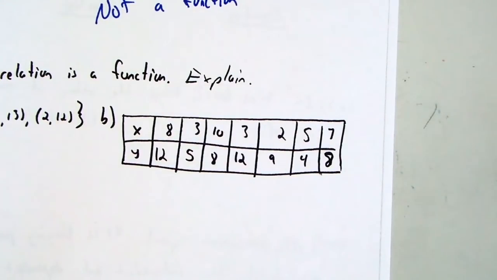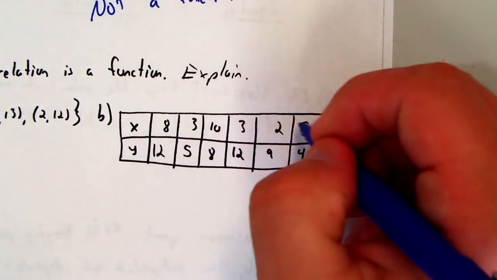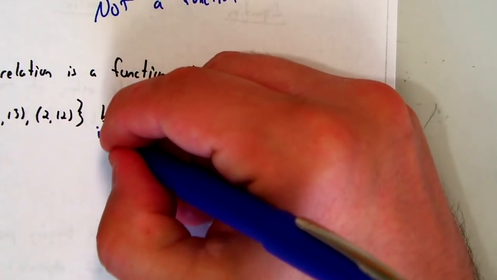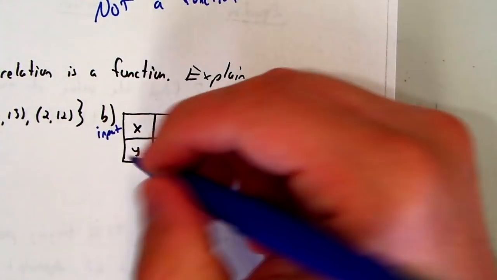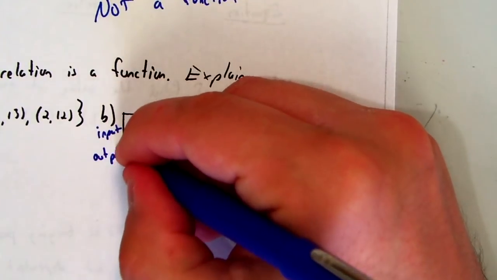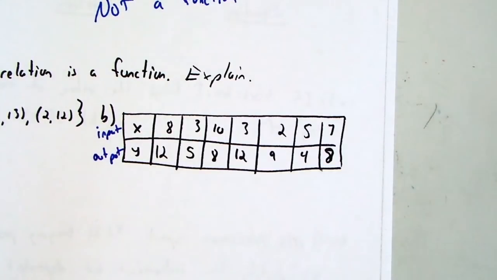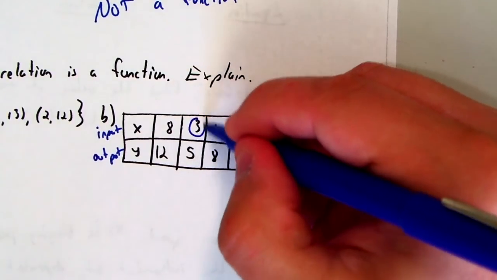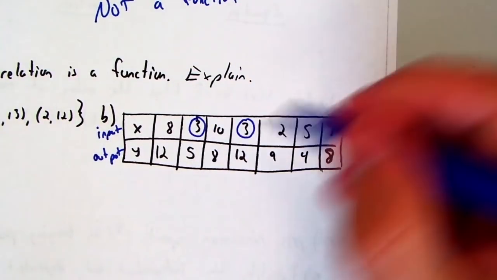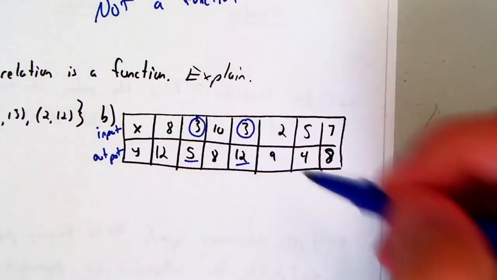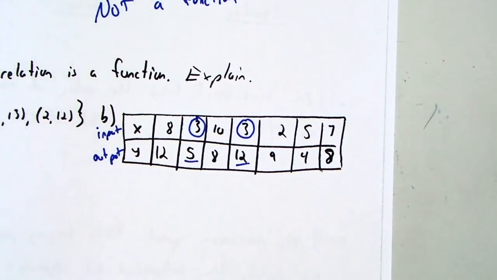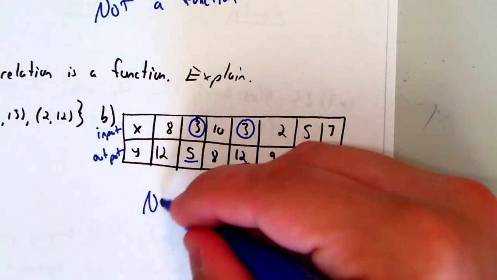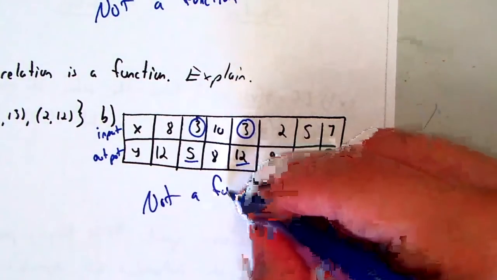Now letter B. We have a table here. Again, these x values, this is my input. The y values are the output. So we have 2 inputs that are the same, and they result in different outputs, which means that this is not a function.